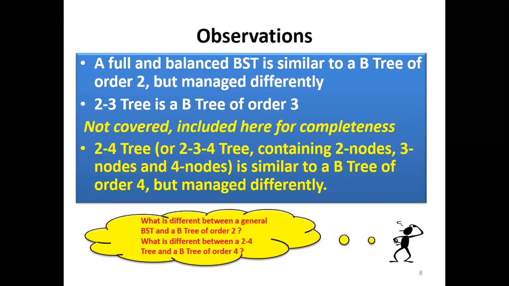So that is one difference that you can use to explain why the general binary search tree is not the same as the B tree of the order of 2.